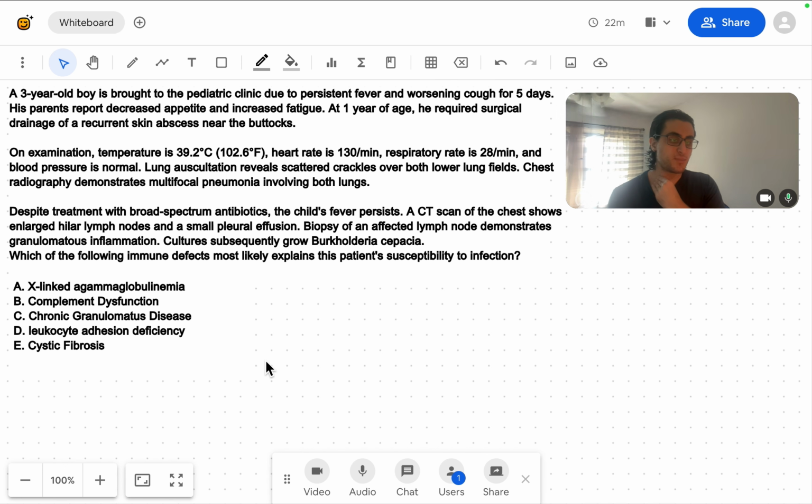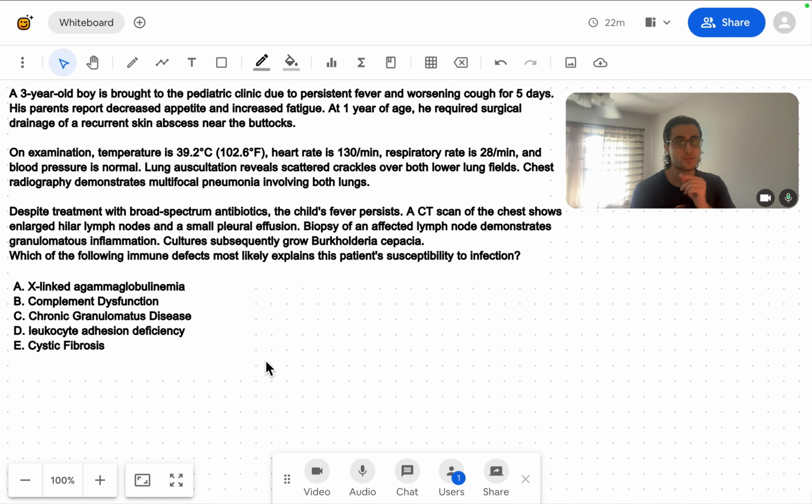B. Complement dysfunction. Complement dysfunction is due to impaired opsonization, and it could make patients susceptible to infection with encapsulated bacteria, but we don't see B. cepacia because that's a catalase positive bacteria.